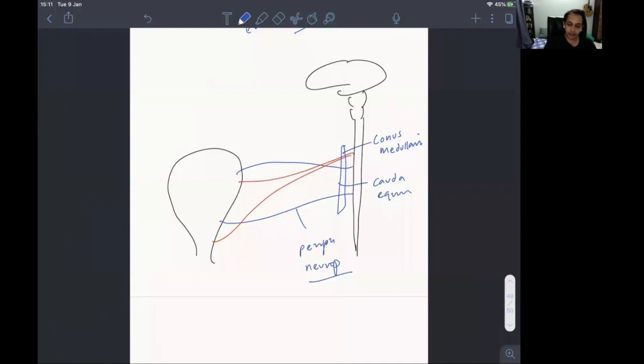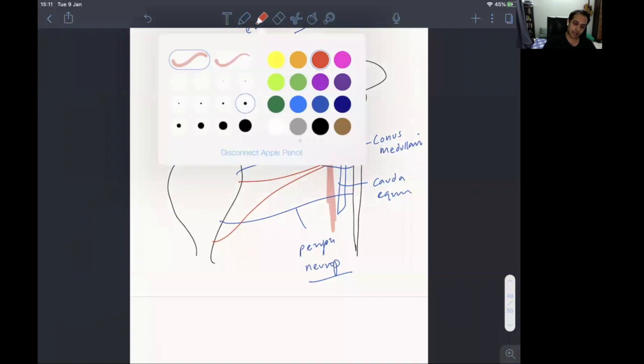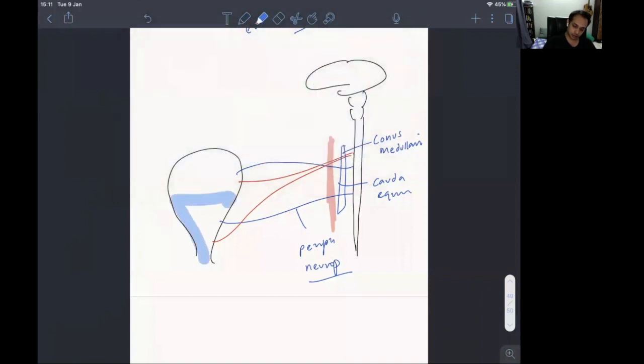And here what is happening is that your connection of the bladder to the spinal cord itself is lost. And then what will happen is, if your bladder is getting filled, either the afferent is gone, so your spinal cord has no idea that the bladder is getting filled, in which case it might just keep getting filled more and more, or your efferent is gone.